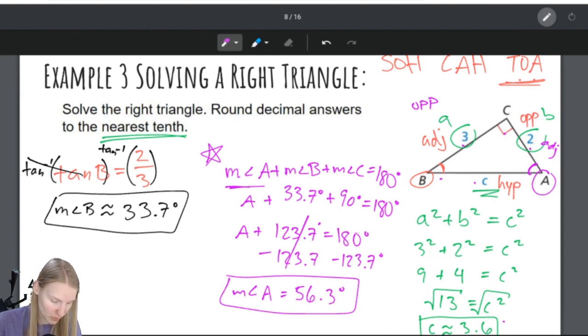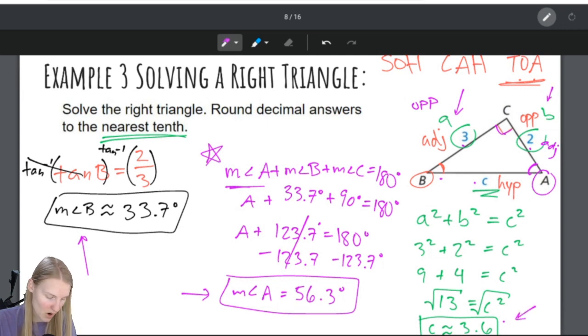So now let's double check. We have the measure of angle A, measure of angle B, and the measure of angle C was given. That was our 90-degree angle. And then let's check our sides. We have side A, side B, and side C. So we have our 6 pieces of information.